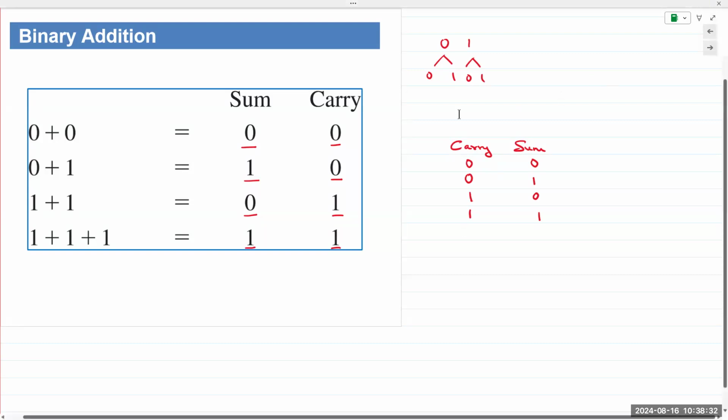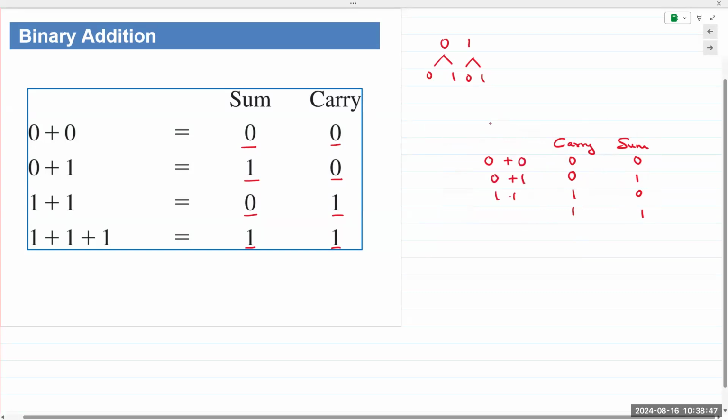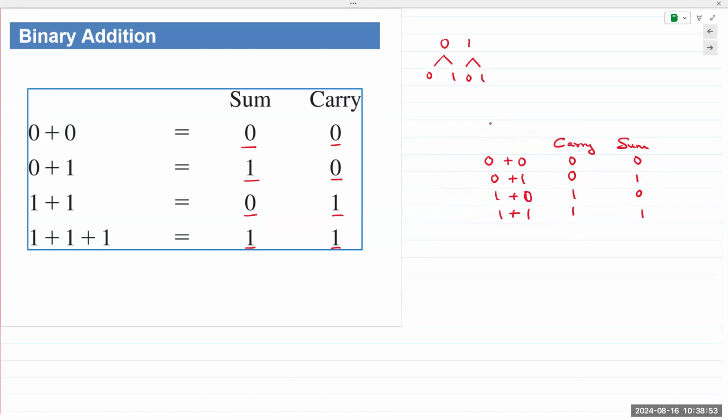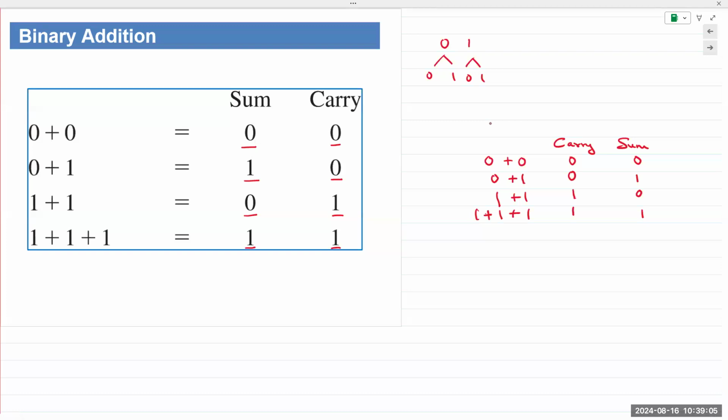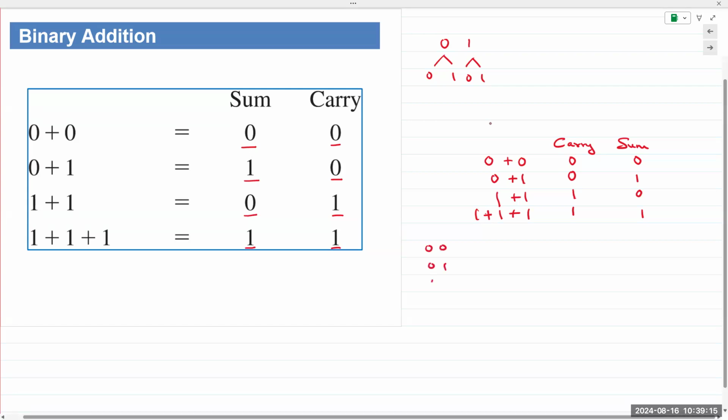And let's translate it to actual decimal numbers. So here, 0 plus 0, 0 plus 1, 1 plus 0, and 1 plus 1, and 1 plus 1 plus 1. 0, 0, 0, 1, 1, 0, 1, 1.